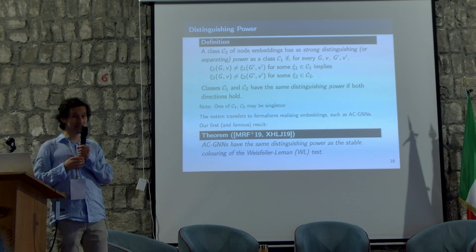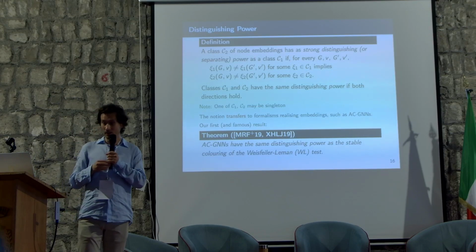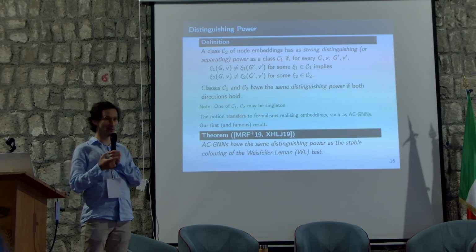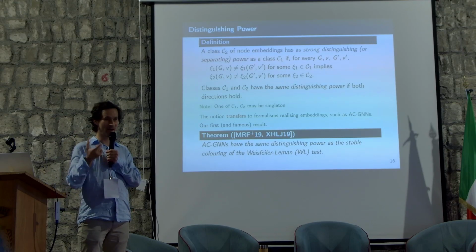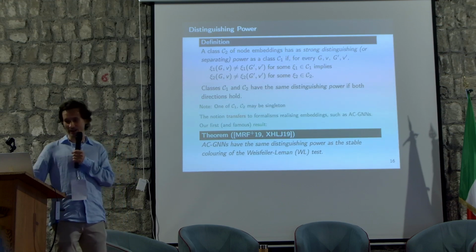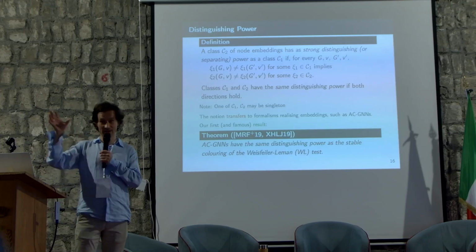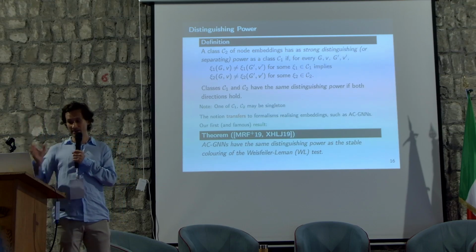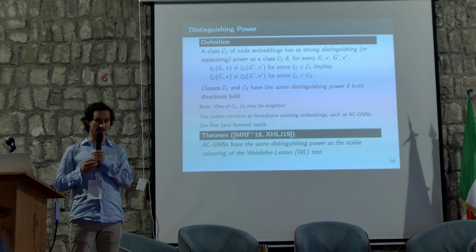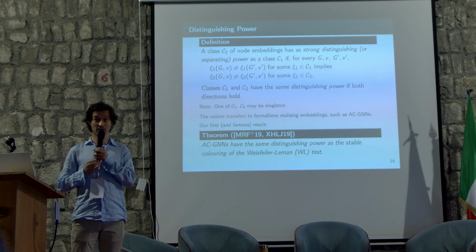And basically, this famous theorem, which is one of those examples when the theorem was proven in parallel by two groups of people who claim it was completely independent in the same year, is that these AC GNNs I presented to you have the same distinguishing power as the Weisfeiler-Leman test, stable coloring, doesn't matter.